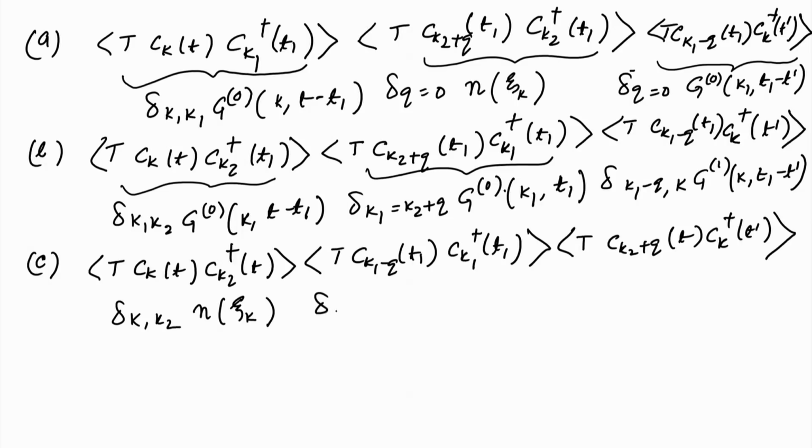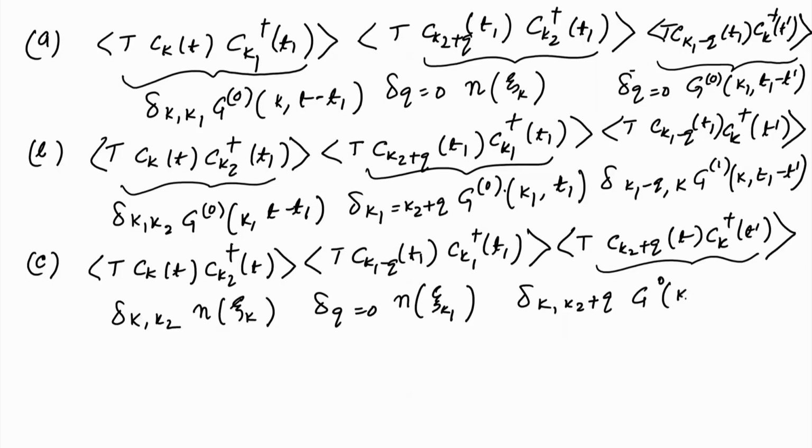So, this is delta q equal to 0, and there is a number operator xi k1, and this will be delta k, k2 plus q, and there is a Green's function which propagates k, t minus t prime.